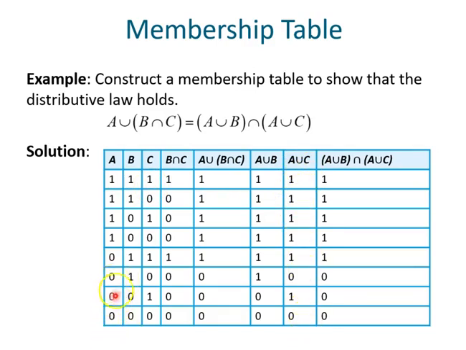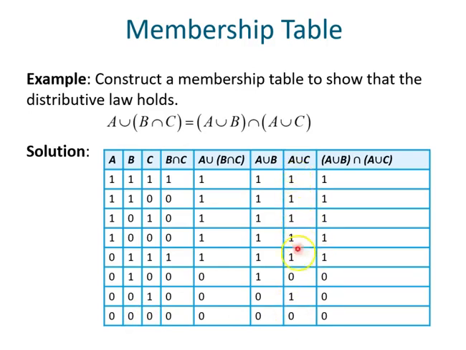In this row, the element under consideration is not in A, not in C, so it will be not in the union of A and C, so I write 0 here.